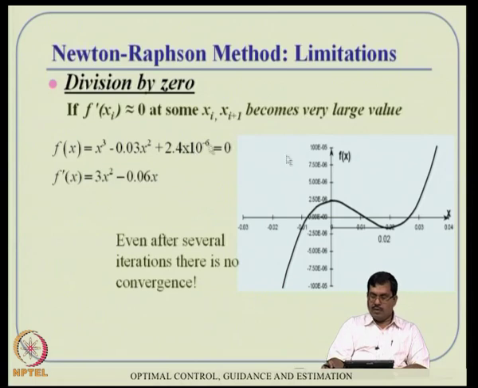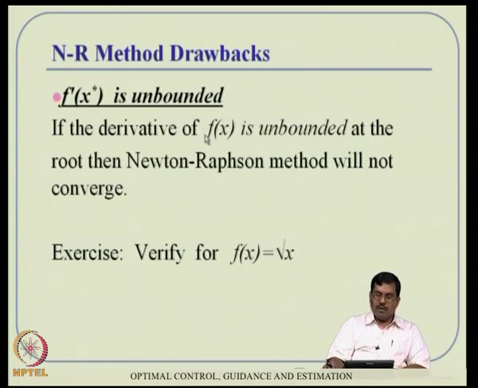Now, division by 0 is very apparent, because whenever there is a slope 0, there is a division by 0 problem, which will not be nice either. There is another problem: if at the solution point f dash of x is not 0 but unbounded, that means infinity, then also there is a problem. It is very counterintuitive, but there is a problem.